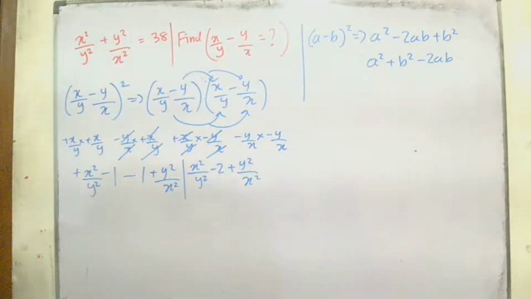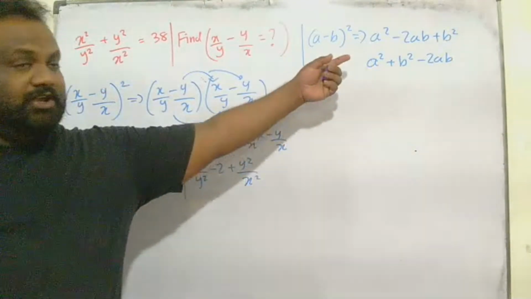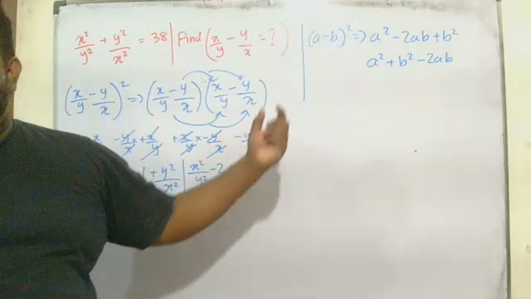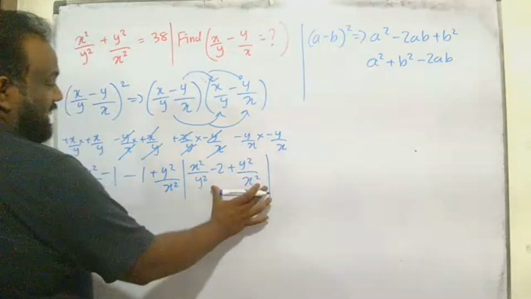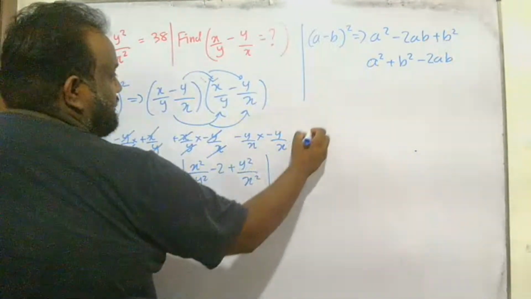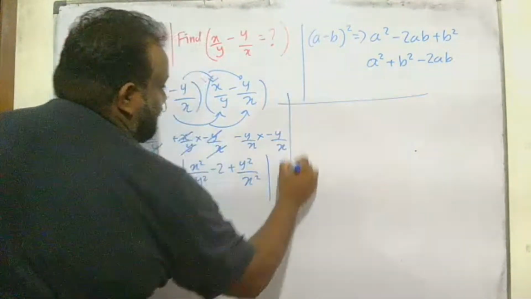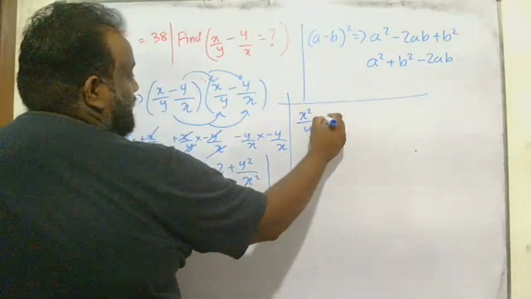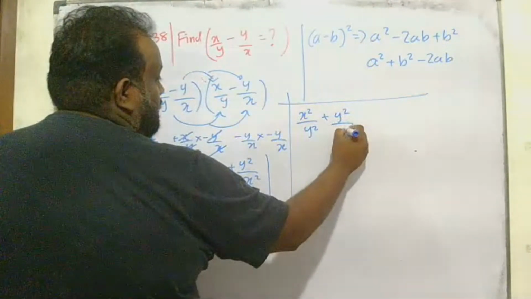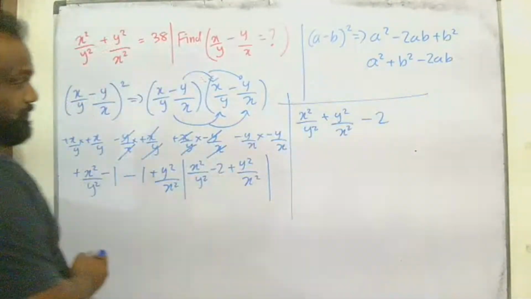Now if you look at the two expressions, you see that there is a certain similarity between them. Therefore, I can rewrite this expression as what? Let me write it over here. x squared over y squared plus y squared over x squared minus 2.